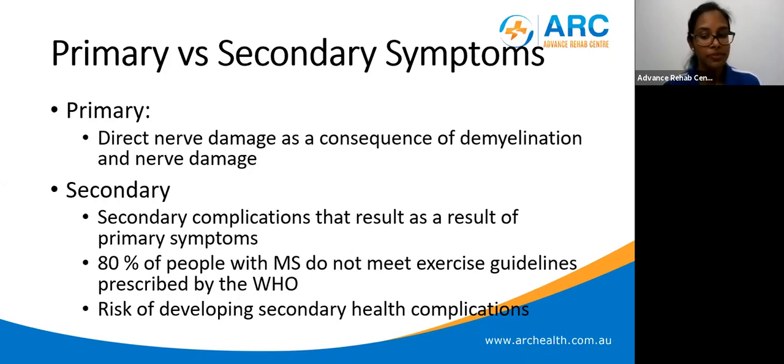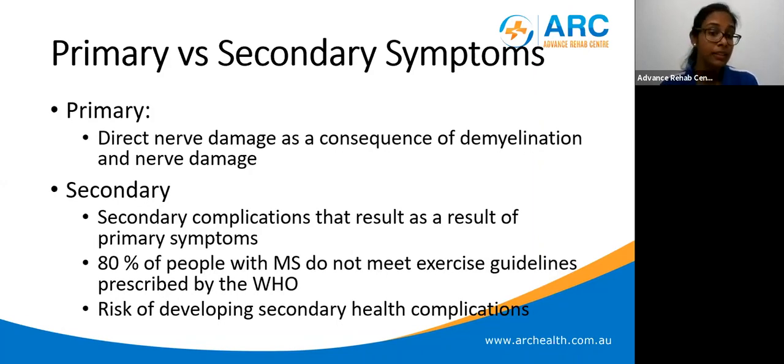For example, if you have fatigue as a primary symptom and this limits you from doing activities or forces you to adopt a more sedentary lifestyle, this is likely to make you develop more weakness due to disuse and inactivity. That weakness is a secondary weakness, and it's got nothing to do with the nerve damage from the MS disease process.